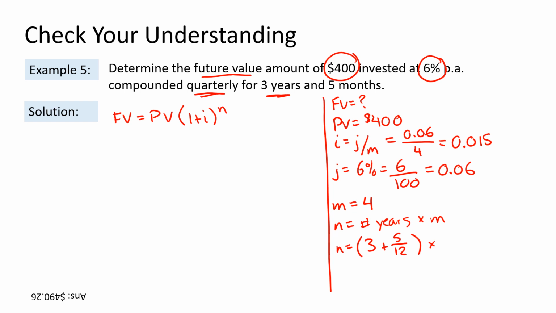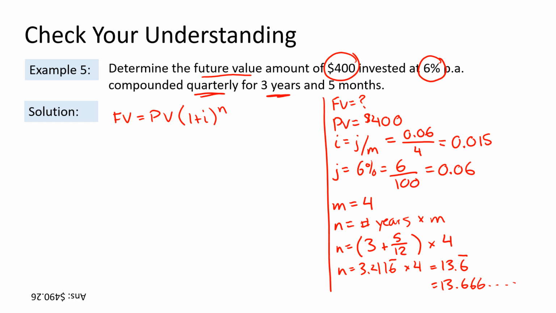That's multiplied by 4 compounding periods per year. 3 plus 5 over 12 gives us 3.416, a repeating decimal, multiplied by 4. So our value for n is 13.6, again a repeating decimal. Your calculator will show it as 13.666, continuing on.